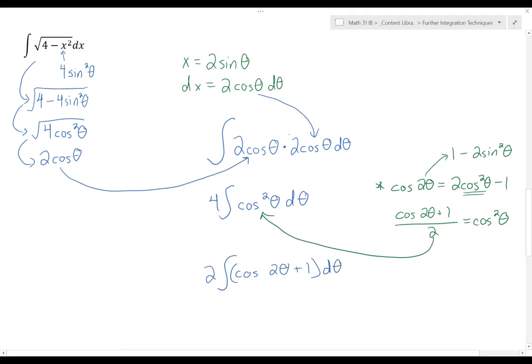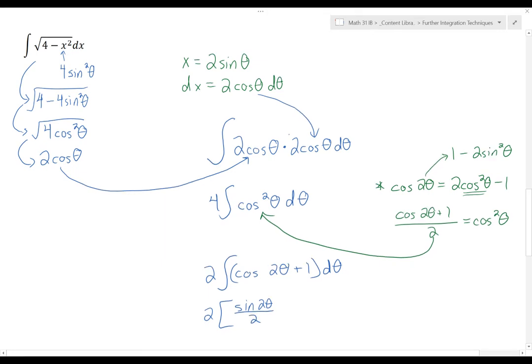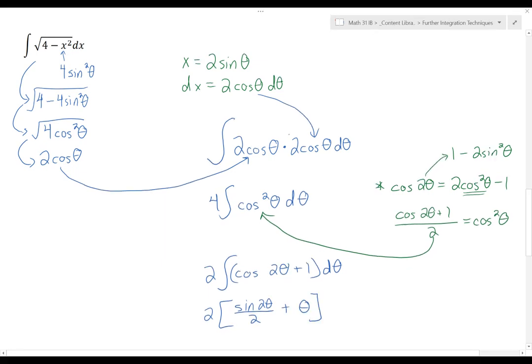Well, now this is something I can integrate. The cosine of 2 theta has an antiderivative of the sine of 2 theta, so I've got 2 times sine of 2 theta, but divided by 2 to make the coefficient work out. And then 1 has an antiderivative of theta plus some constant.